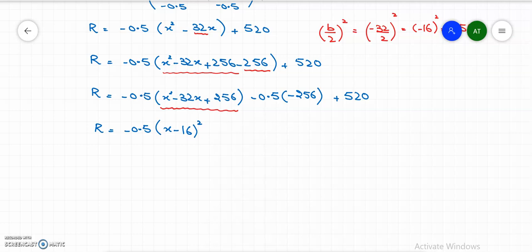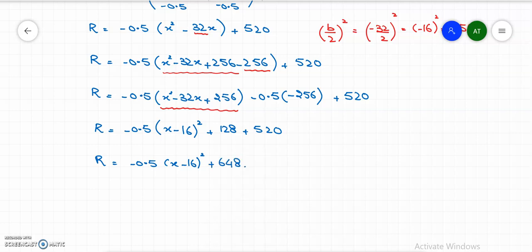And when we multiply negative 0.5 with negative 256, that makes positive 128, and then plus 520. So that would be equal to revenue is negative 0.5 times x minus 16 whole square plus 648.